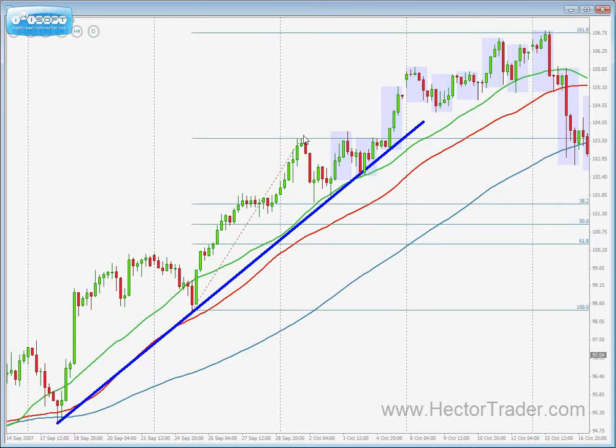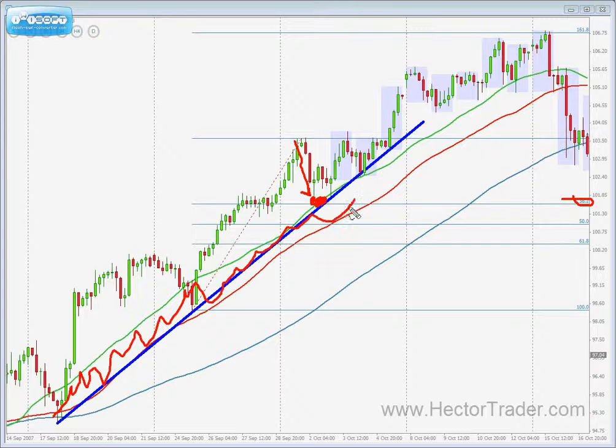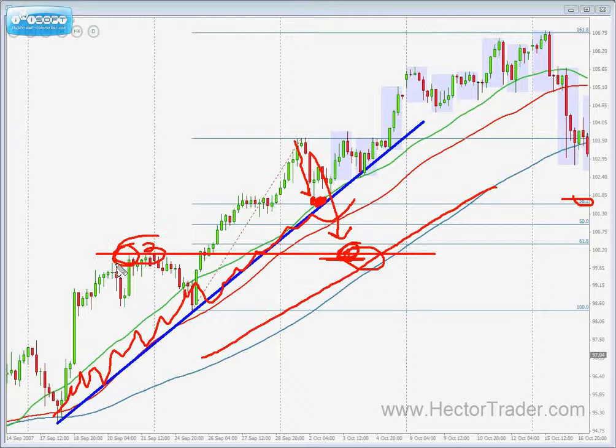Then you have the 38% Fibonacci. As price retraced back, it slapped right into the 38 Fibonacci, around with the trend line right there, and all that takes place around the dynamic area of support. We cannot use the previous swing low, because it comes way too far down from there, and by that time, if price is to retrace back down to that level, it would have been way too close to the 100 for my taste, so I cannot use that level to add it up into the confluence.